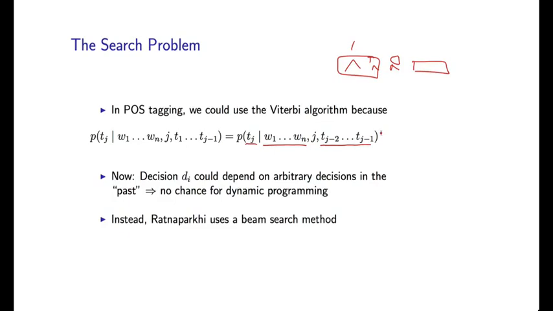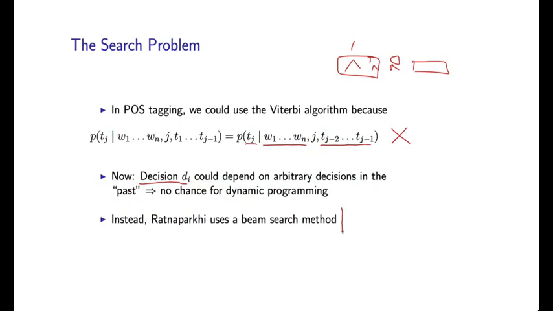Now, because this decision d_i could depend on arbitrary decisions in the past, because I do not make an independence assumption like this one, this really means that dynamic programming is going to be out of the question, because the decoding problem does not have the required structure for dynamic programming, i.e. it does not have some kind of Markov structure. So instead, Ratnaparkhi used a beam search method, very similar to the beam search method that you saw for phrase-based translation decoding.